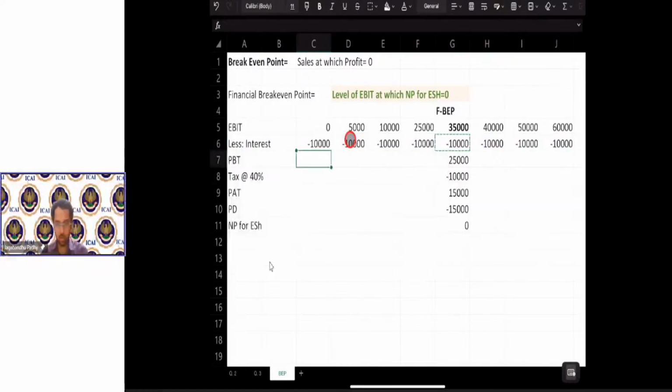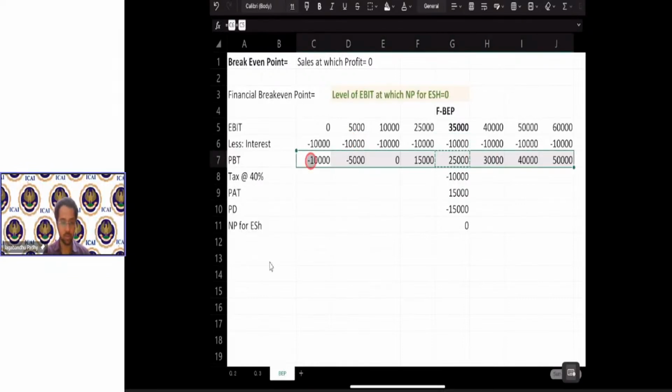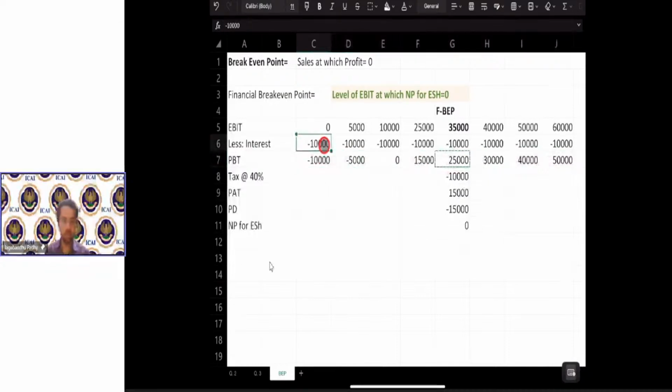What about the PBT? The PBT will be definitely a different figure, because if EBIT is 0 and you have interest of 10,000, PBT will become a negative figure, right? And then what about the tax? We said that the tax is running at 40%.